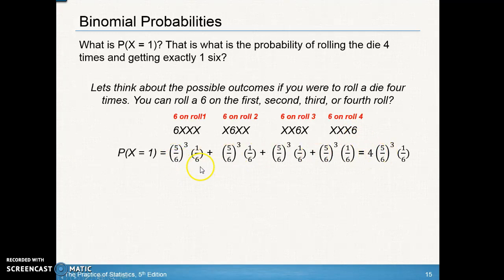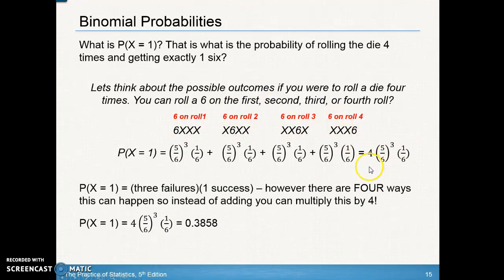Well, notice how they all have the same probabilities. 5 out of 6 not rolling a 6 to the third, because there's 3 ways that I'm not rolling a 6, times 1 out of 6, because I'm going to get 1 six. The probability of getting a 6 is 1 out of 6. And there's 4 different ways that can happen because I can get a 6 on the first roll, the second roll, the third roll, or the fourth roll.